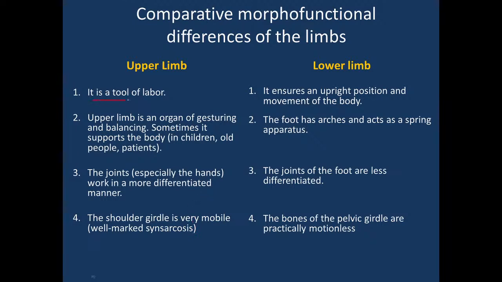First of all, the upper limb is a tool of labor. We use the upper limb as an organ of gesturing and balancing. Sometimes, and that is true, upper limbs support our body, especially in children, old people, and patients.